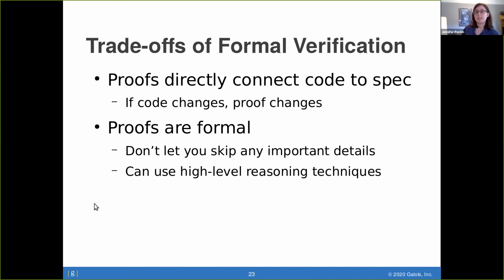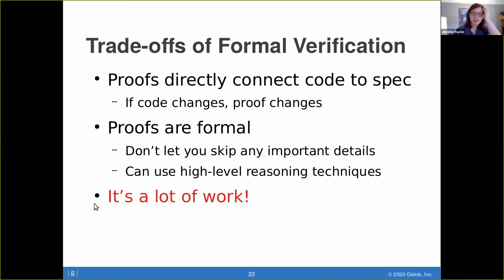Formal proofs don't let you do that. But on the other hand, you can also use some high-level reasoning techniques to overcome those small details. So things like induction. If you have defined your circuit by recursion like we did for flip, then you can prove a property of it using induction, which we'll see soon, which is quite a high-level technique.